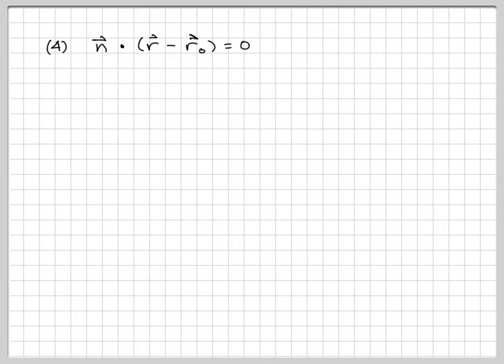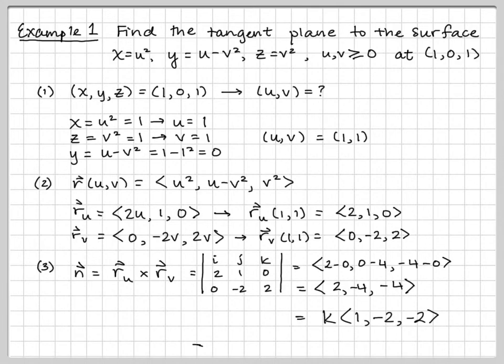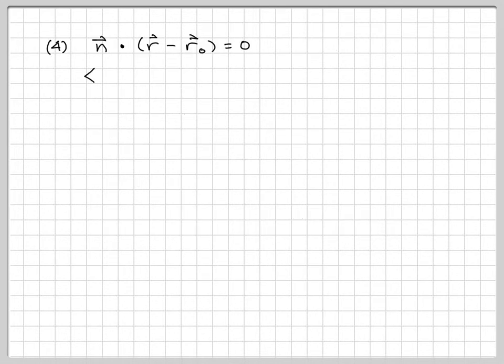So this is going to be our normal vector, 1, -2, -2. r is some arbitrary point, I'll call it x, y, z. And then our r sub 0 point was 1, 0, 1.